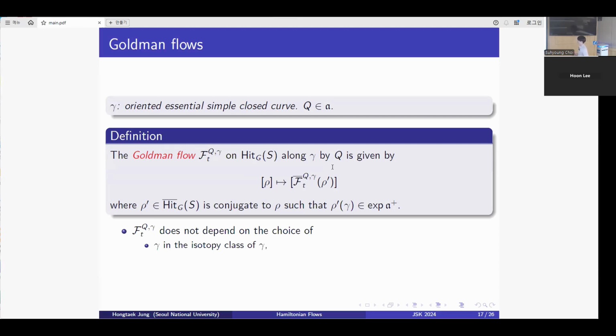For example, it doesn't depend on the isotopy class of gamma, and it doesn't depend on the choice of rho prime, provided this rho prime satisfies this condition. So this gives you a well-defined flow, and we call it the Goldman flow along gamma in the direction of Q.